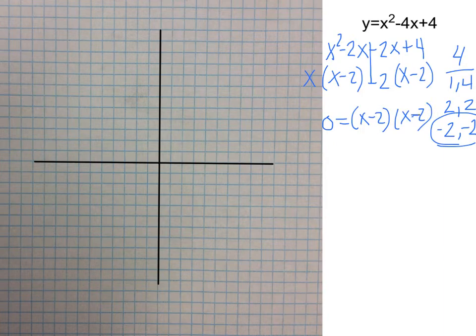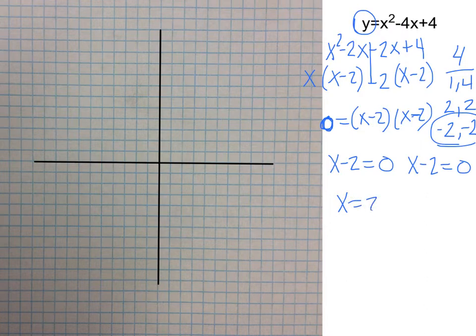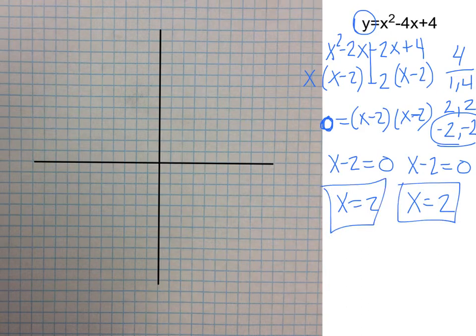Remember, we put in a 0 for your y right here. That's why I have a 0. And then I solve. X minus 2 equals 0 and x minus 2 equals 0. So x equals 2, x equals 2. So now these are the same. So I still plot on my x-axis, x equals 2.